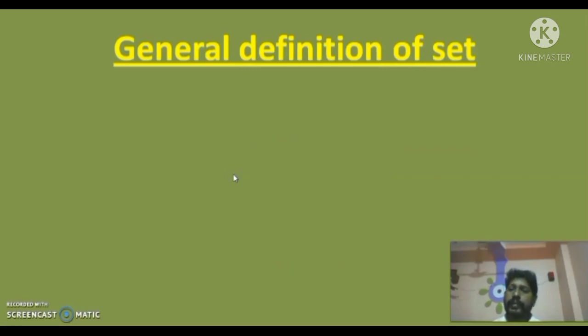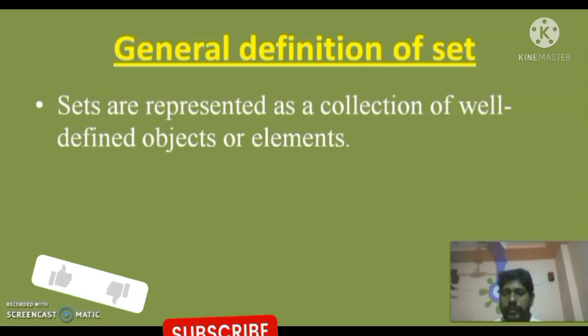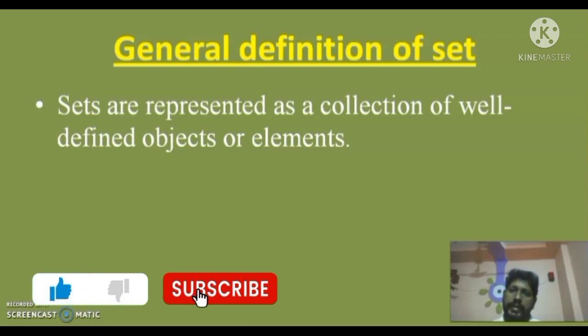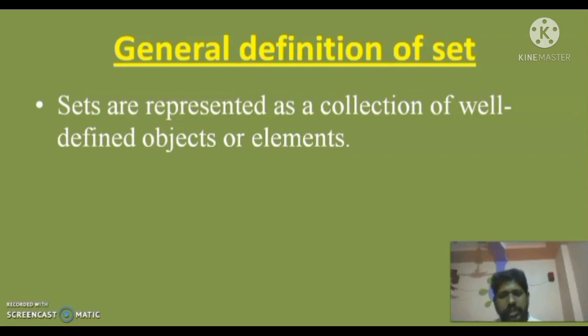Then, if you want to write a definition of a set, generally how will you describe it? We will describe sets as a collection of well-defined objects or elements. A set is a collection of well-defined objects or elements because a set is represented with a particular condition.